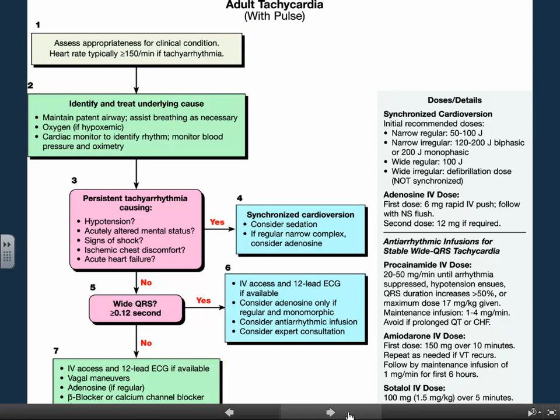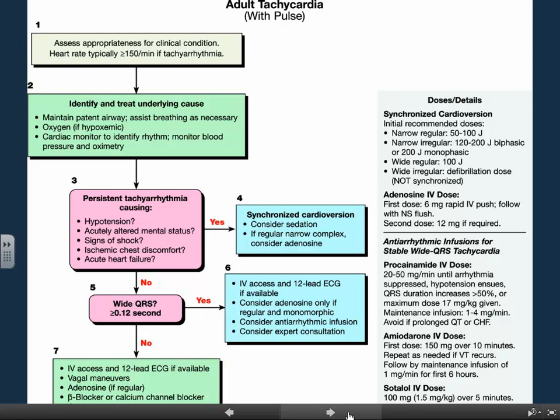All right, so we're going to hook her up with some pads. Causing hypotension, altered mental status, signs of shock, ischemic chest discomfort, acute heart failure, yes. All right. However, this is a what? It is a narrow, irregular.